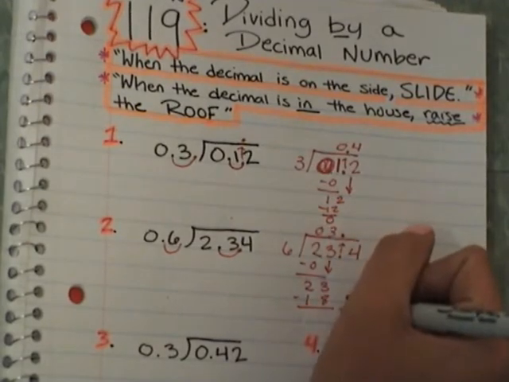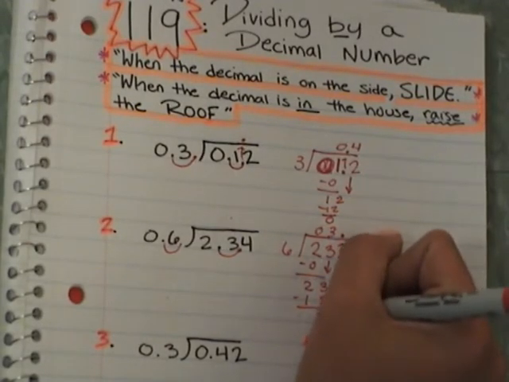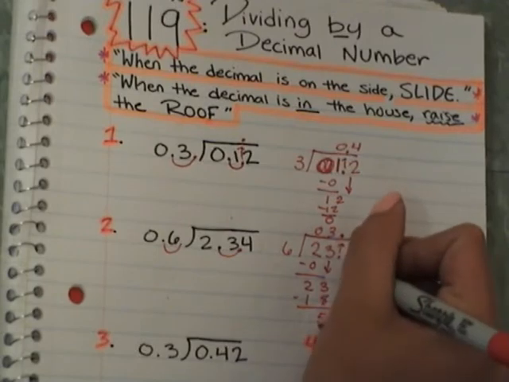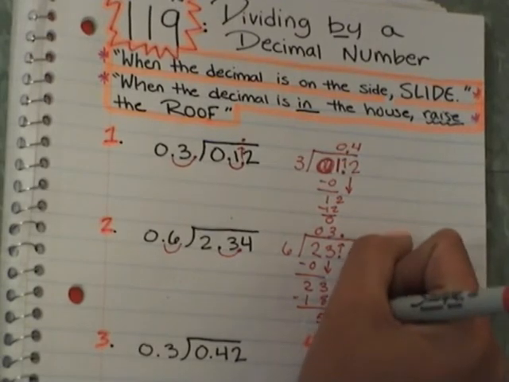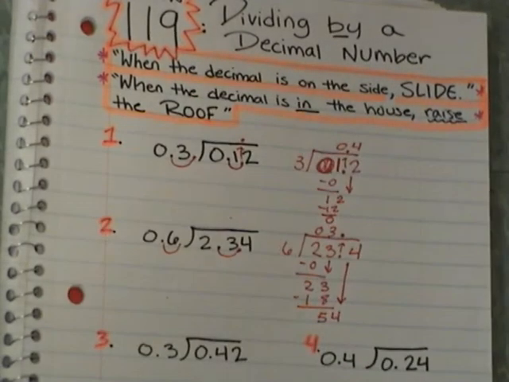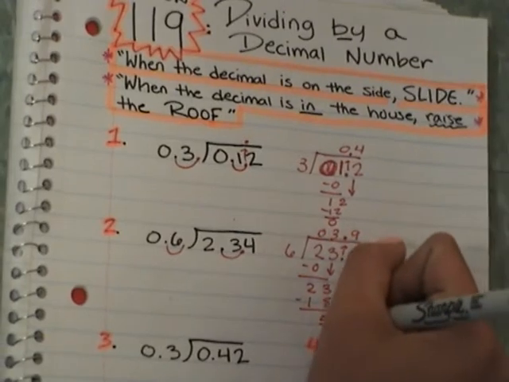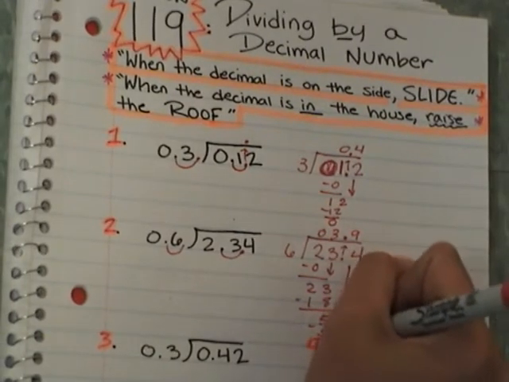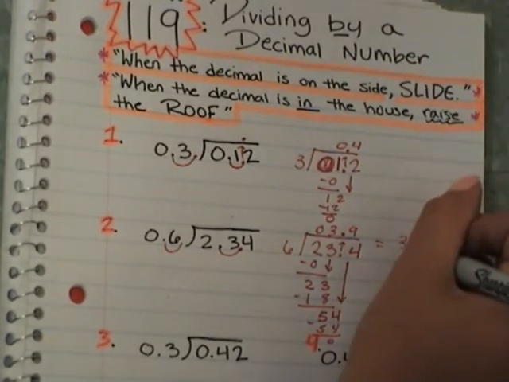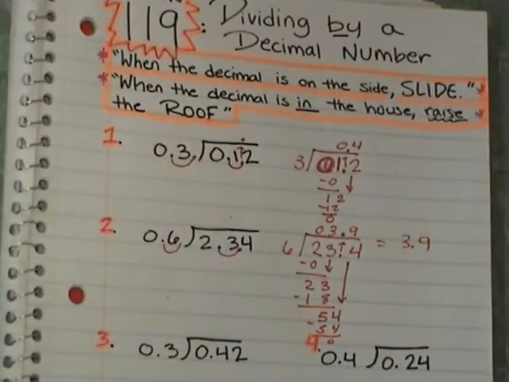Now I do some subtraction. I have 5, but I need to bring down my next number, 54. How many times does 6 fit into 54? That's one of our multiplication facts. 9. 9 times 6 is 54. 54 minus 54 is 0. So my answer is 3 and 9/10. And there we go. Simple as that.